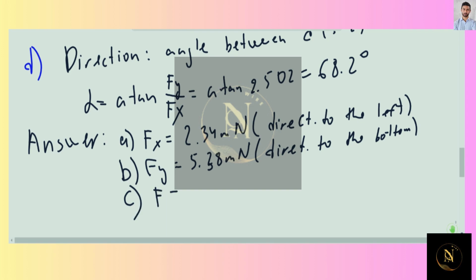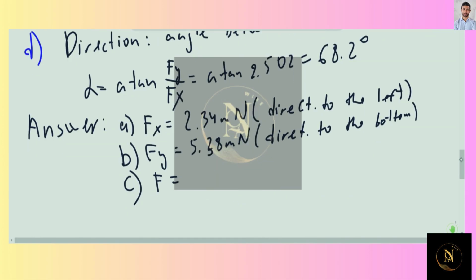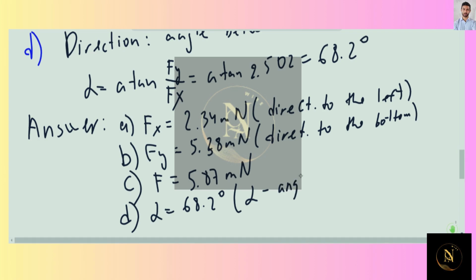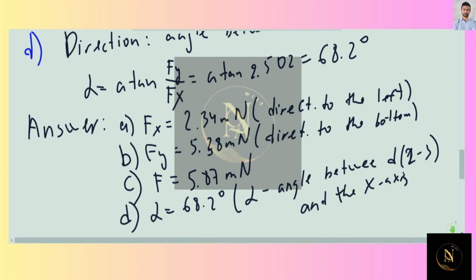The total force equals 5.87 millinewtons, and the direction is 68.2 degrees, where this alpha is the angle between the distance between points 2 and 3, and the x-axis. So this is a summary of the answer.